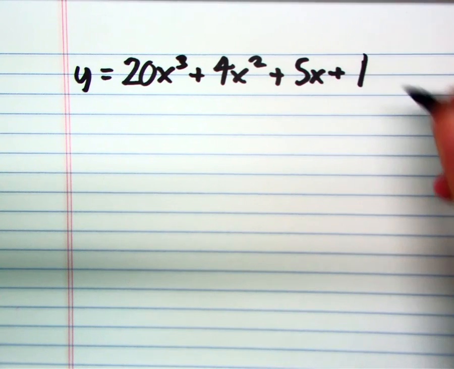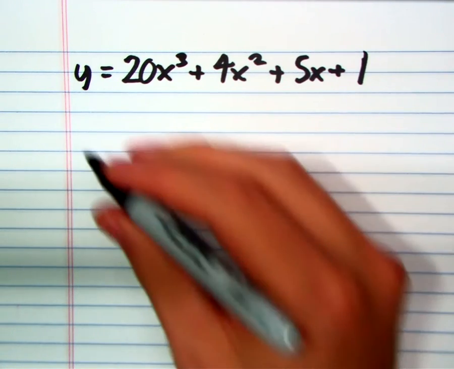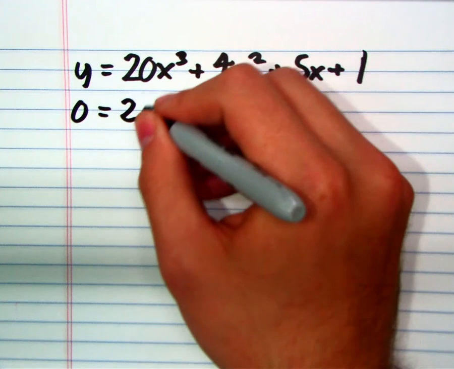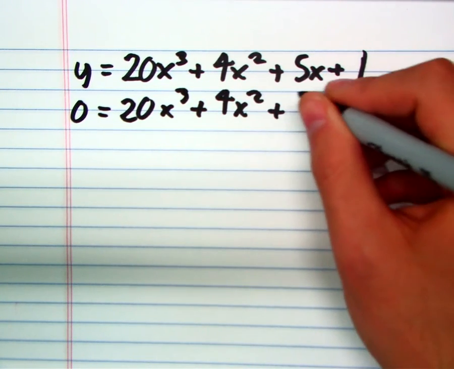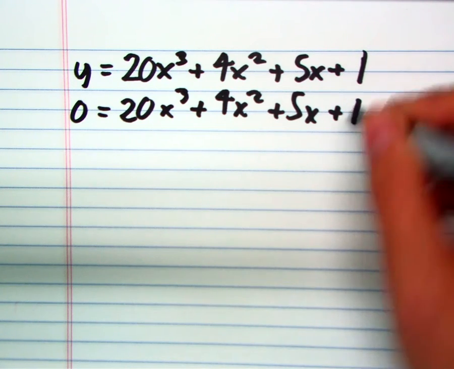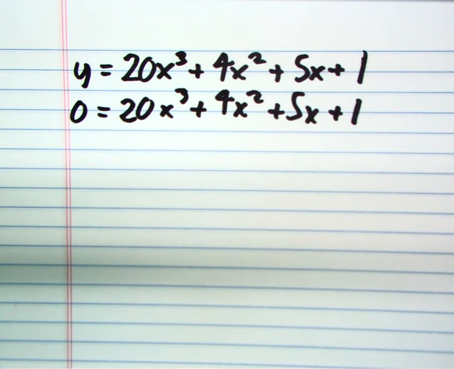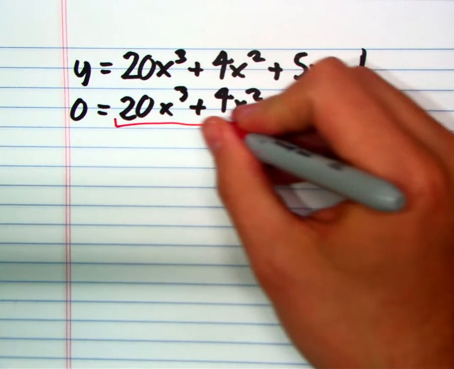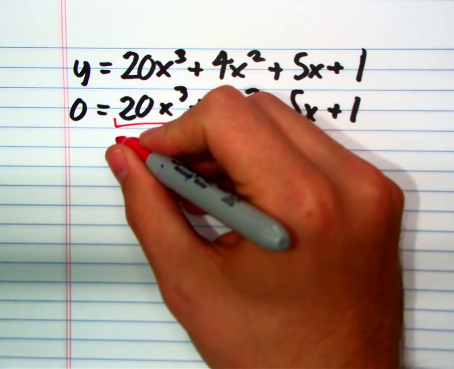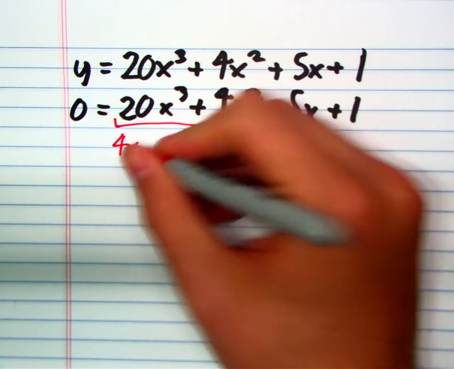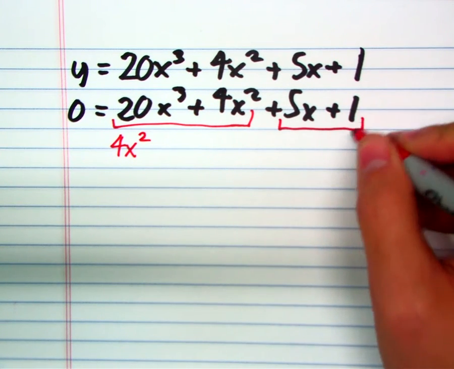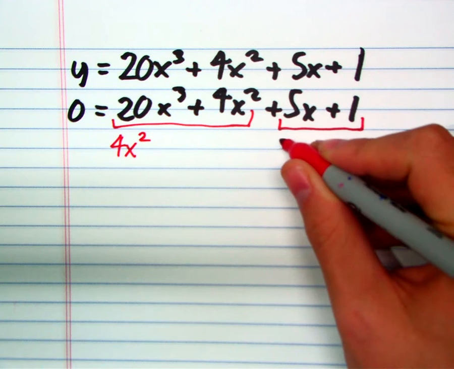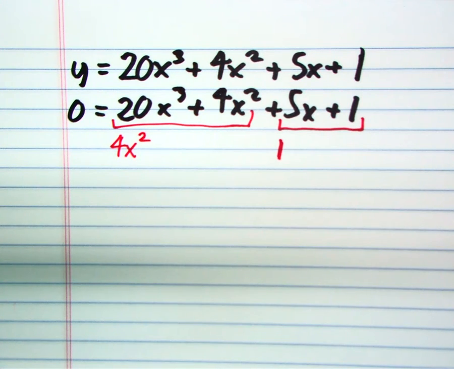So, if I'm finding the zeros of this polynomial here, I'm going to make y equal to 0, and then I'm going to factor. So, let's do that. I'm going to take the GCFs out first. GCF of that is 4x squared. GCF of the second term, well, it's really just 1. I can't take anything more than 1 out.